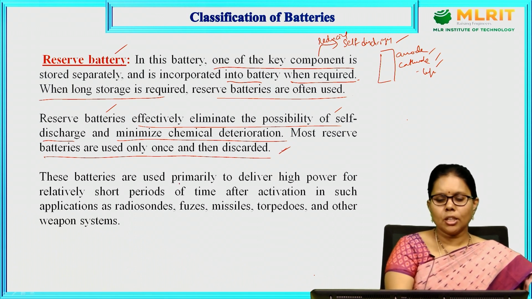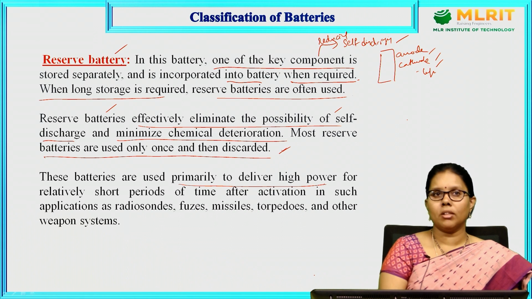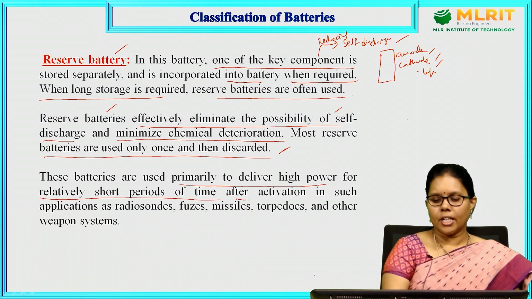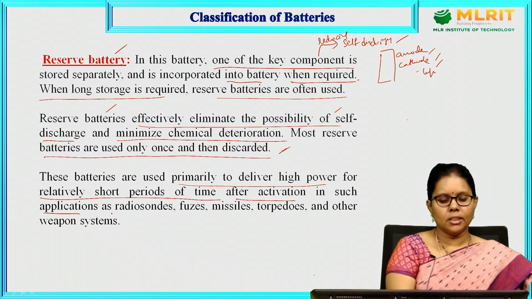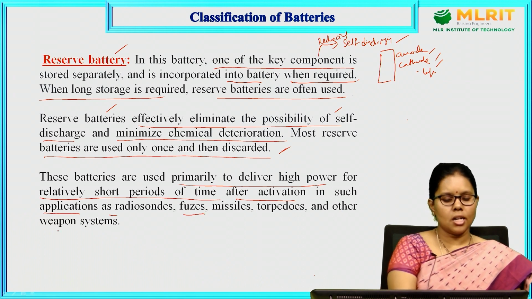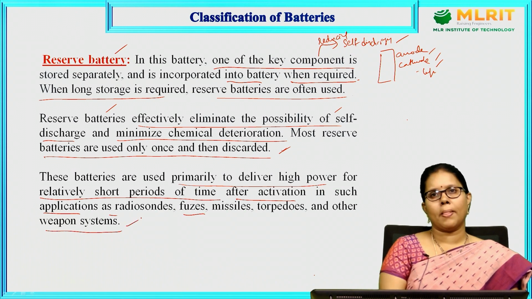These batteries are used primarily to deliver high power for a relatively short period of time after activation in such applications as radio sonars, fuses, missiles, torpedoes, nuclear weapons and other weapon systems.